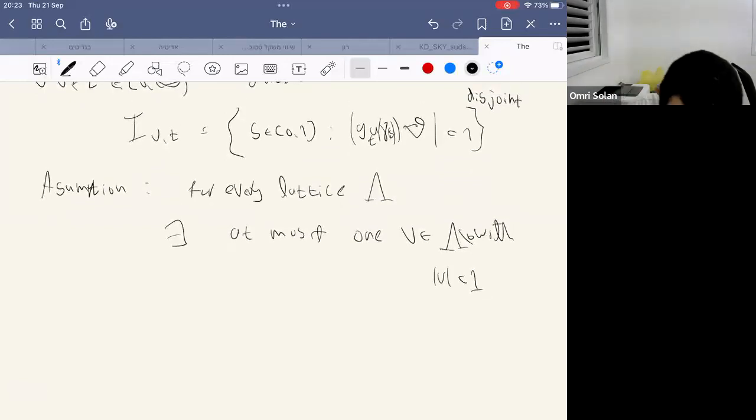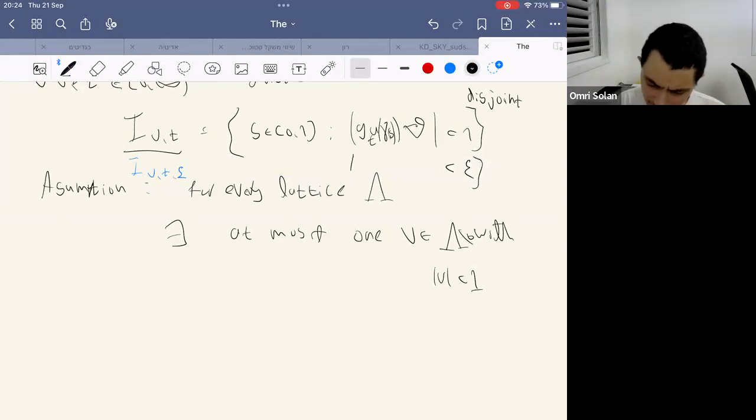Now let's also define I_{v,t,epsilon}, where we have the same thing less than epsilon.